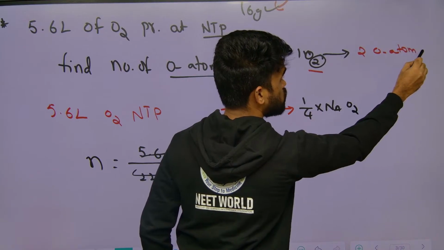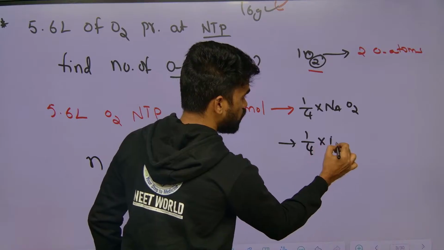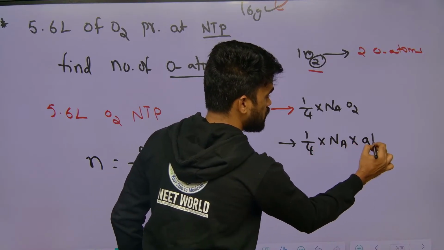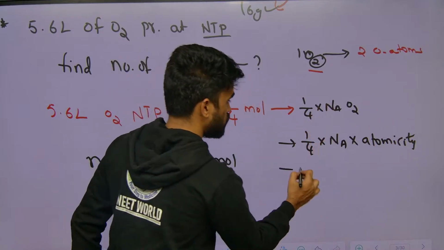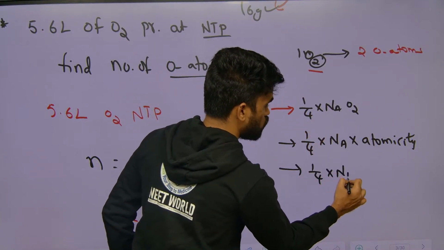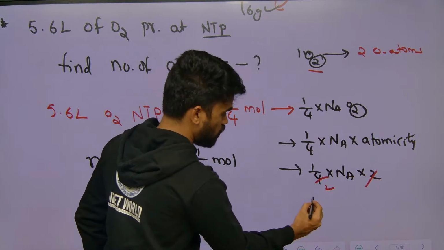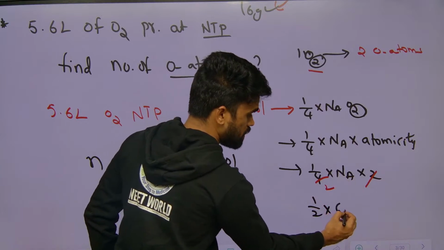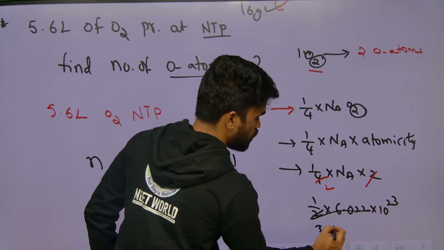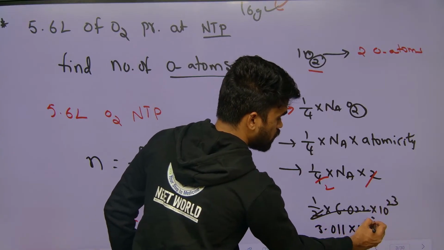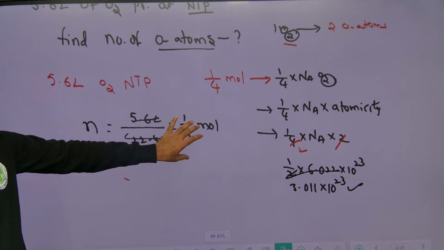So you can write 1 by 4 into Na into atomicity of that element. So 1 by 4 into Na into atomicity of oxygen, which is 2. So 1 by 2 into Avogadro number, that is 6.022 into 10 power 23. So this will be 3.011 into 10 power 23. That's it. Clear? Okay, you want to do one more question on this?